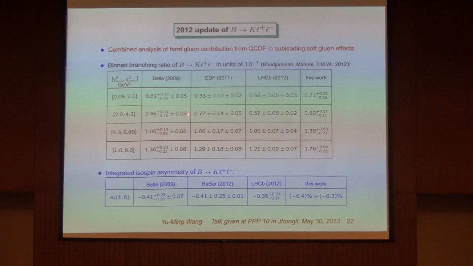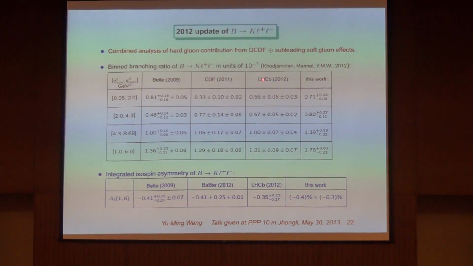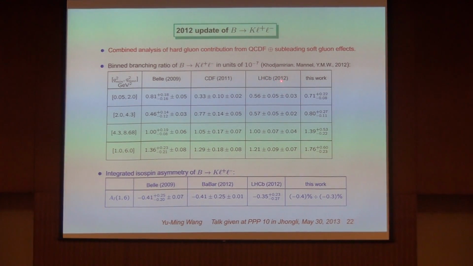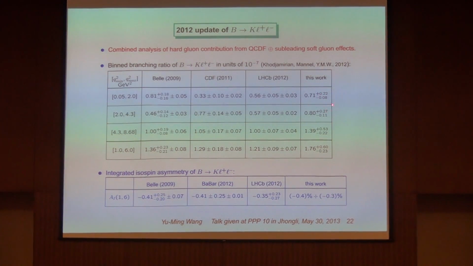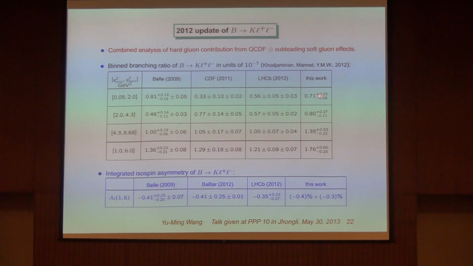The experimental results from Belle, CDF, and LHCb are also collected here. The most precise measurement is from LHCb, with uncertainties of roughly 10%. Again, within the 2 sigma level, there is agreement between theory and the experimental measurement.